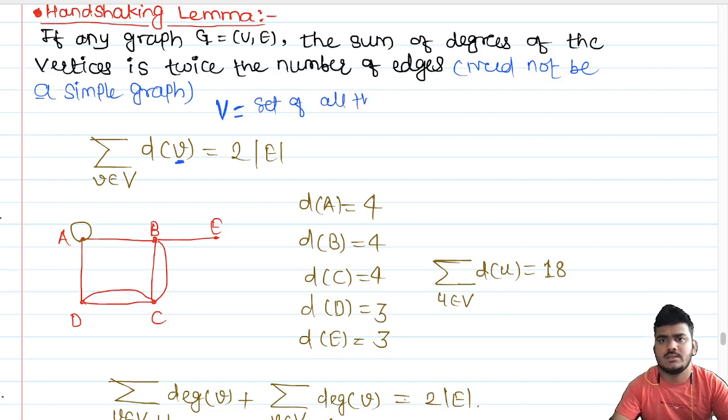Total number of vertices will be represented by capital V, and small v is one of the vertices, which belongs to the capital V.